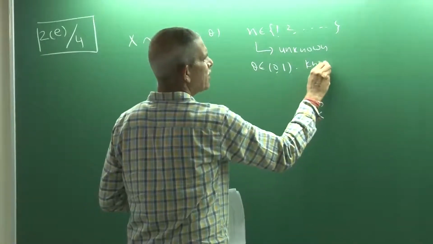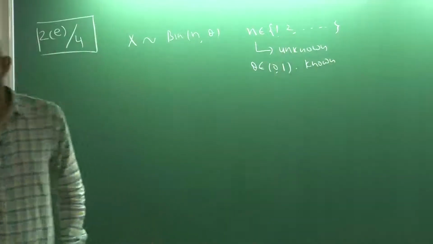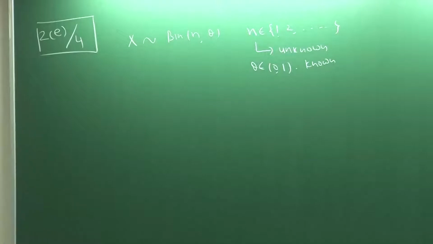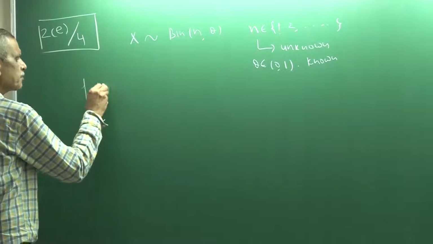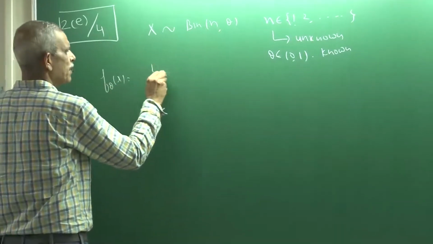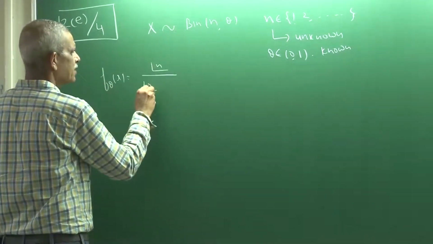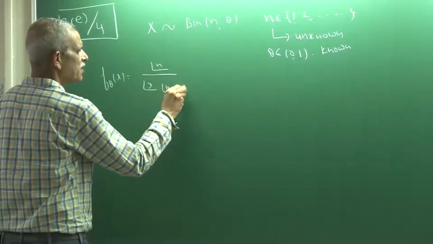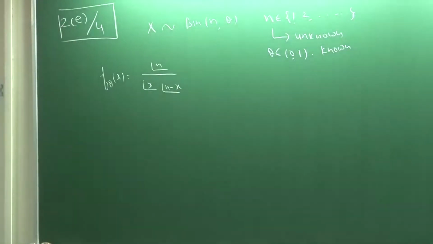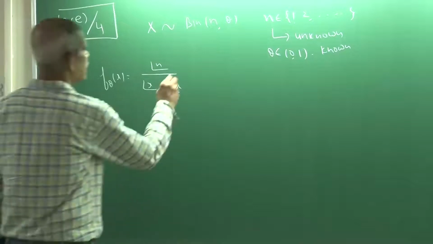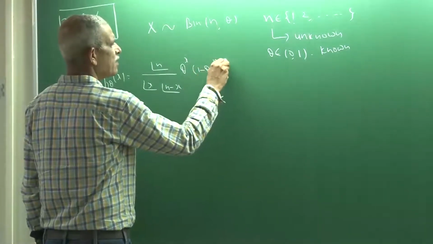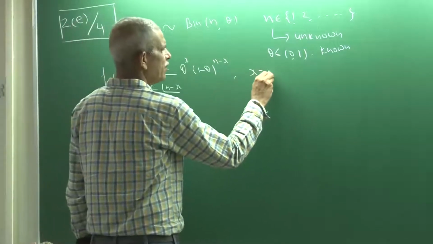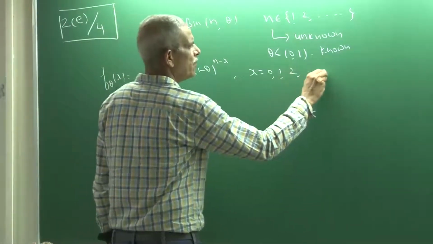So that means the parameter is the sample size n in the binomial case. So what is f_theta(x)? It is n factorial over x factorial times (n minus x) factorial, that is n choose x, theta to the power x, (1 minus theta) to the power n minus x, if x is 0, 1, 2, up to n.